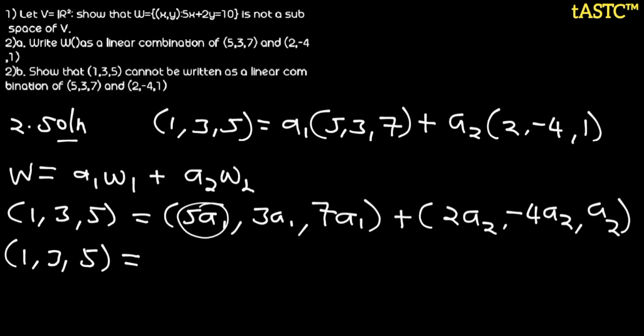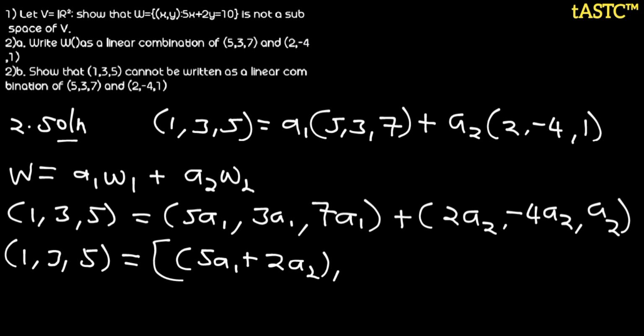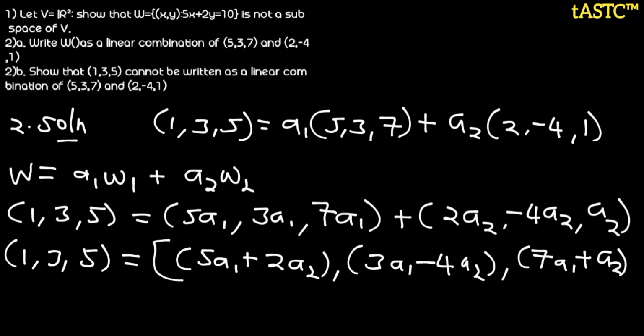So if you added this, you would form something like this, as usual. So this is going to be 5A1 plus 2A2, and this is going to be 3A1 minus 4A2, and you're going to have 7A1 plus A2. So that is what you have there.